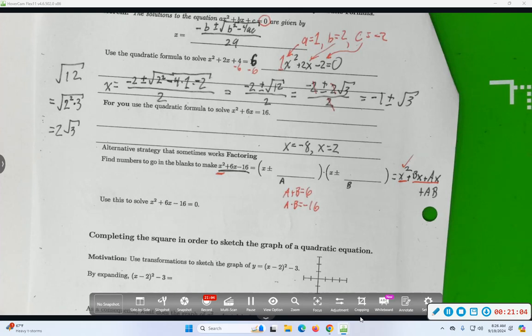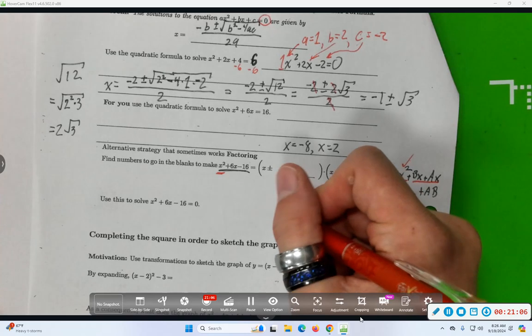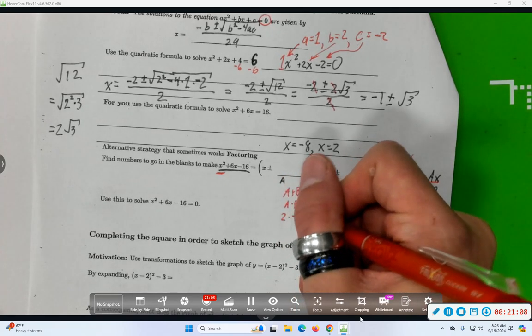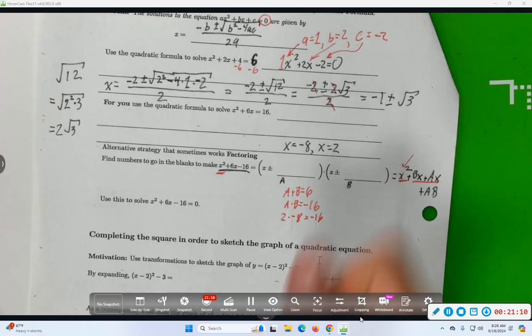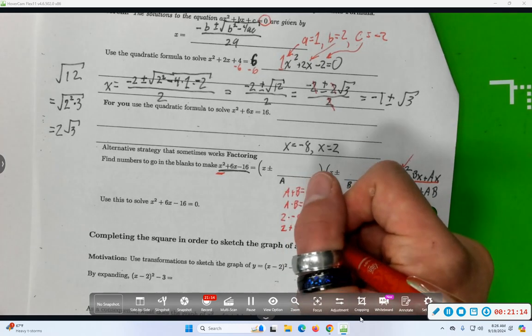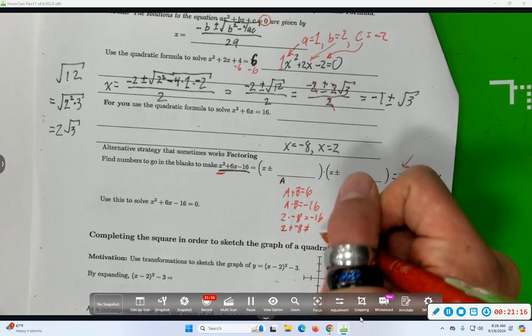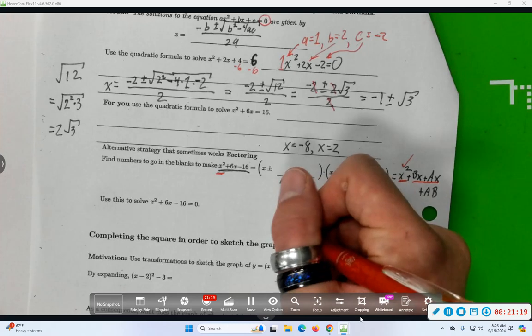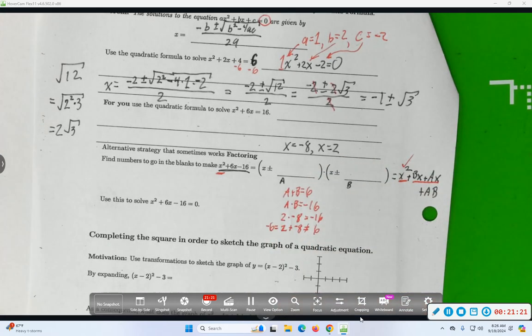But I need the result to be negative, so how about 2 times negative 8? That works out to be negative 16. 2 plus negative 8 does not add to 6, it adds to negative 6. Alright, so 2 and negative 8 doesn't do.